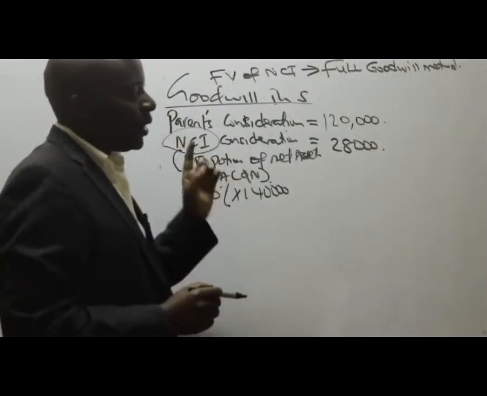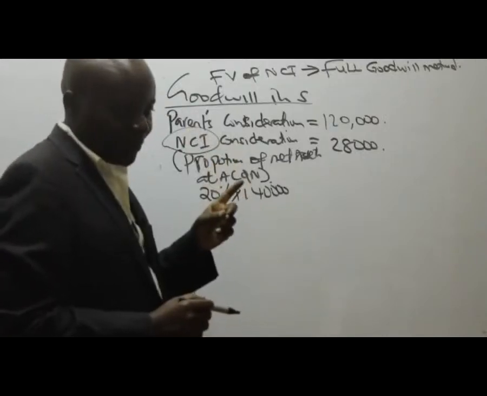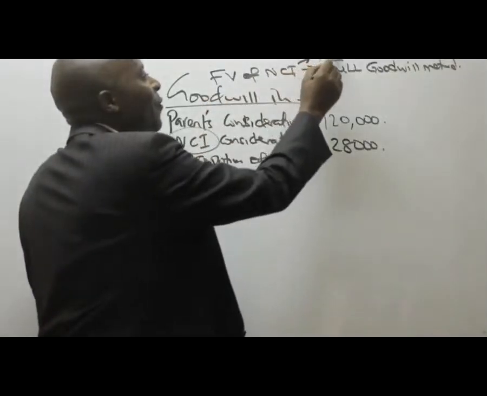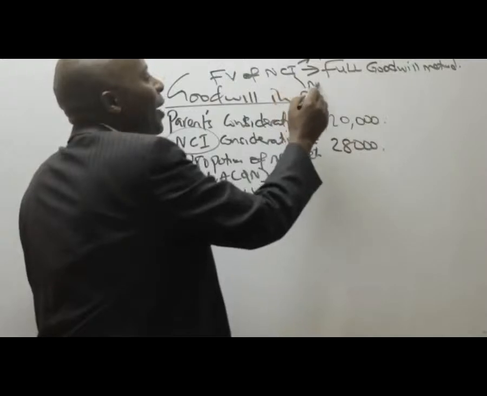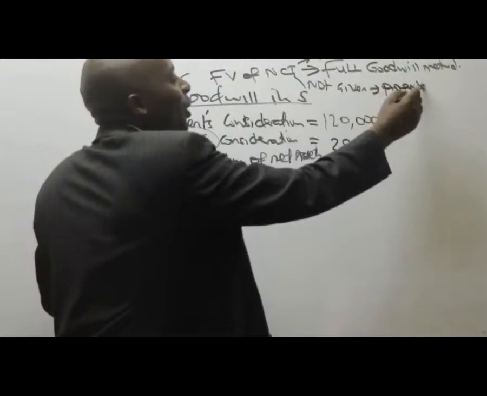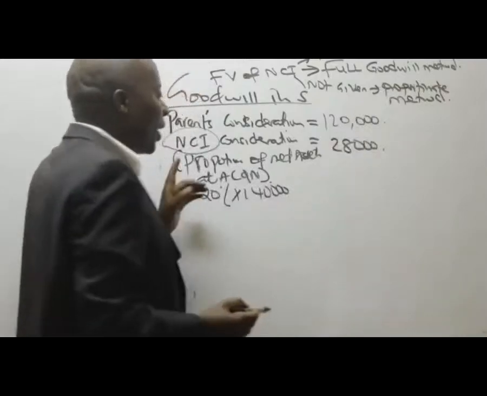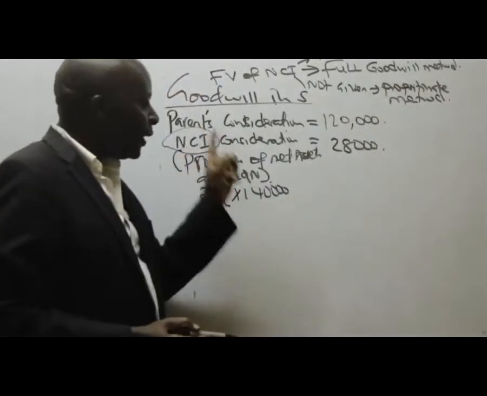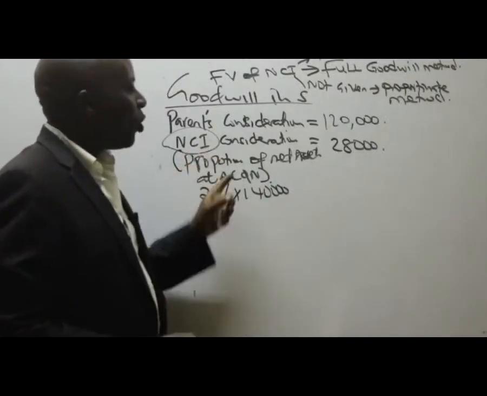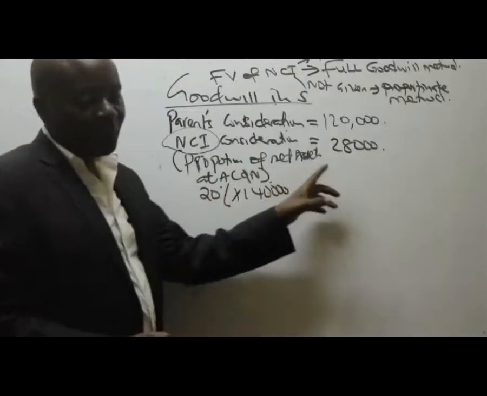If not given, then you shall use what we call the proportionate method, where you take the proportion of NCI of the net assets at acquisition. So 20% of 140,000 gives me 28,000.